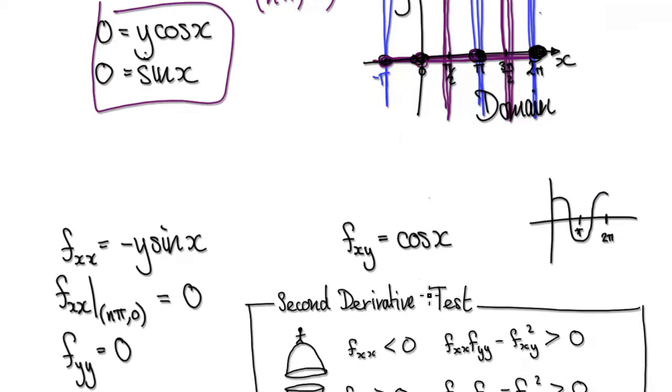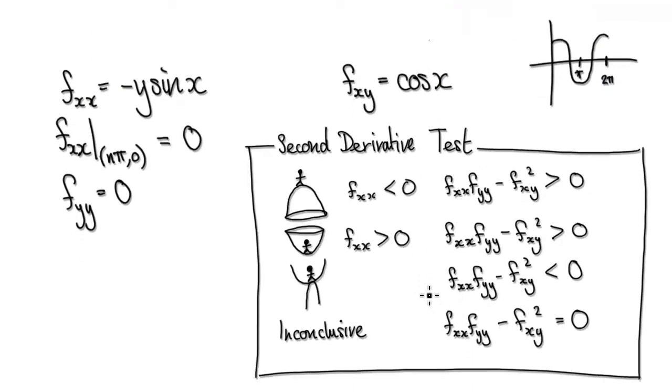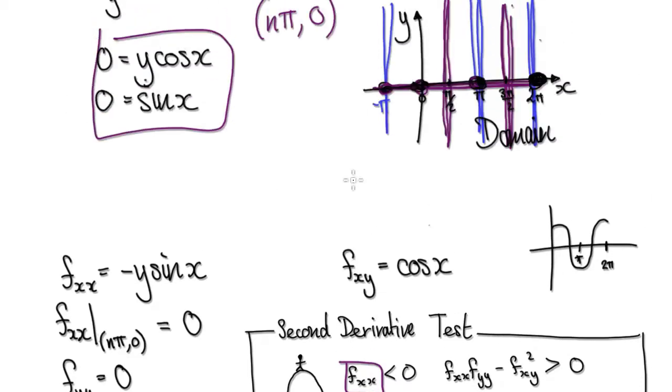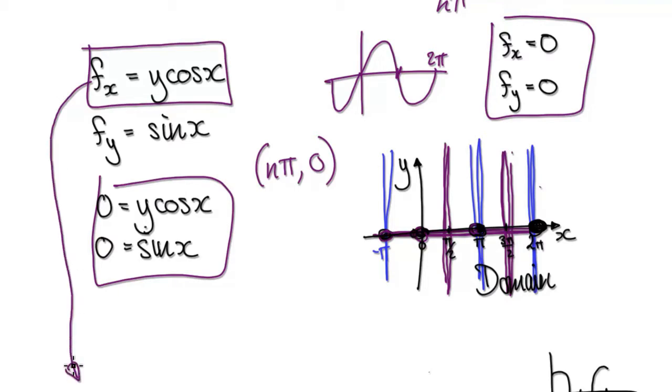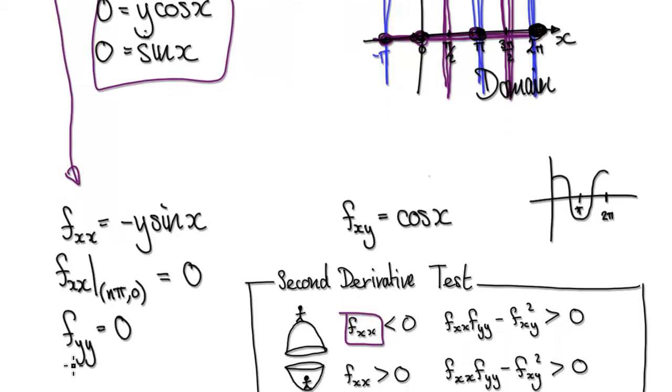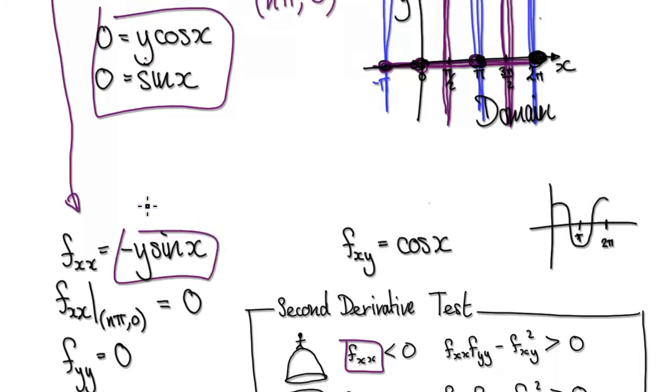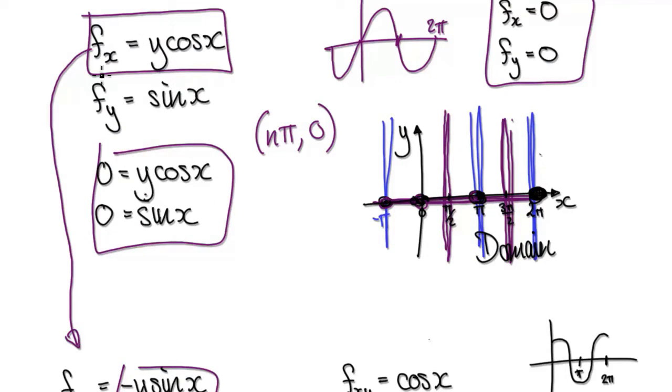Looking at the second derivative test, we now need to look at fxx. So let's look at the concavity. Take fx and take the partial derivative with respect to x again. That will then give us this. Second derivative test, we need fyy as well.